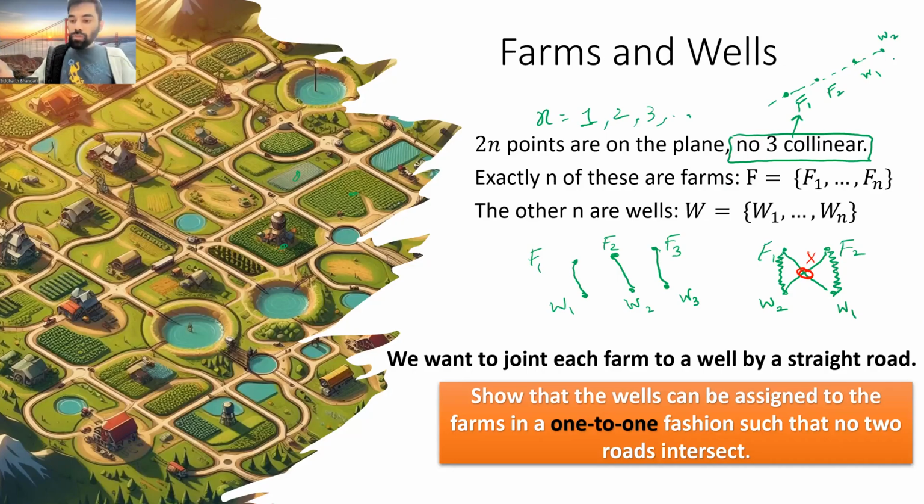Then there is no way to join F1 to either W1 or W2. All these roads are going to lie on that same line, and there is going to be a heavy intersection. So it's not possible. So we assume that no 3 points are collinear, and then we want to show that it is always feasible to join the farms and wells with roads.